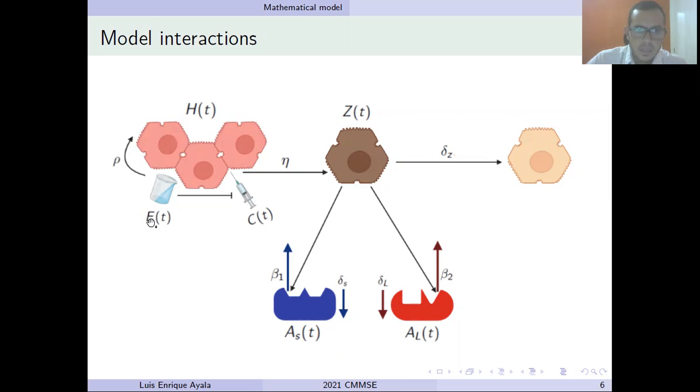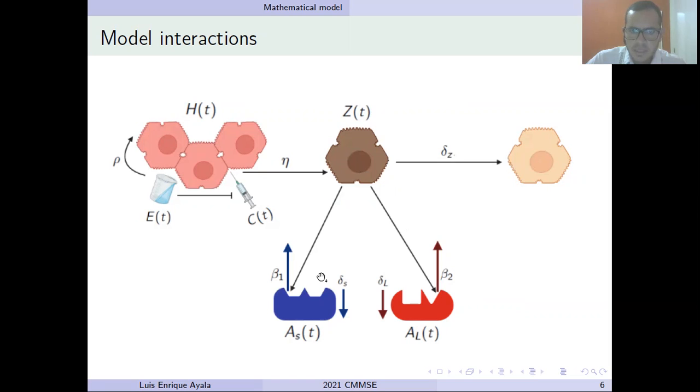E is the extract, and the extract inhibits the carbon tetrachloride. The carbon tetrachloride damages the healthy hepatocytes to produce a damaged hepatocytes population that die at rate delta Z.